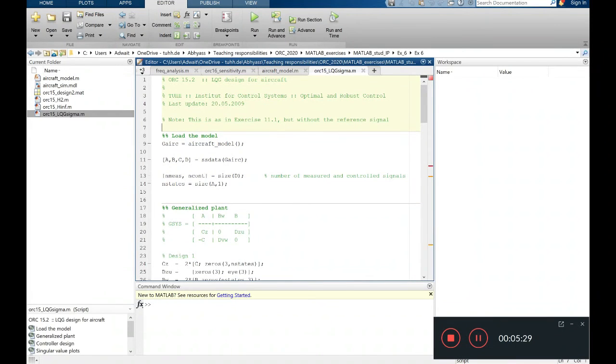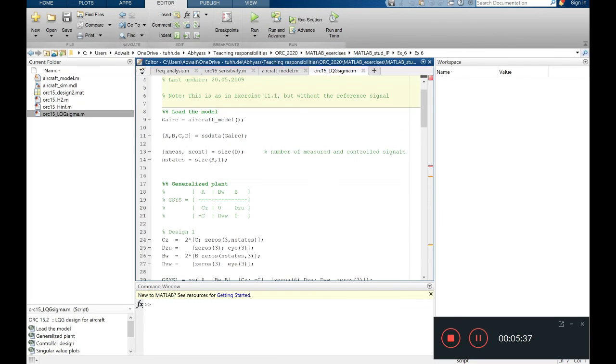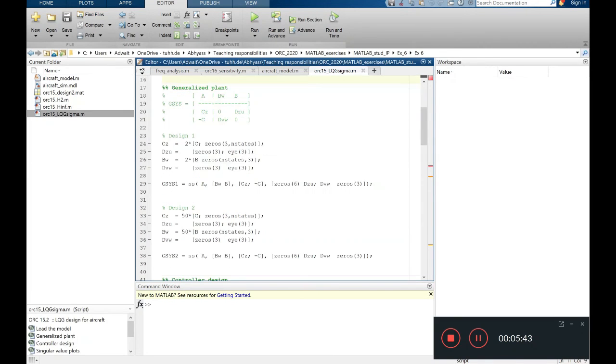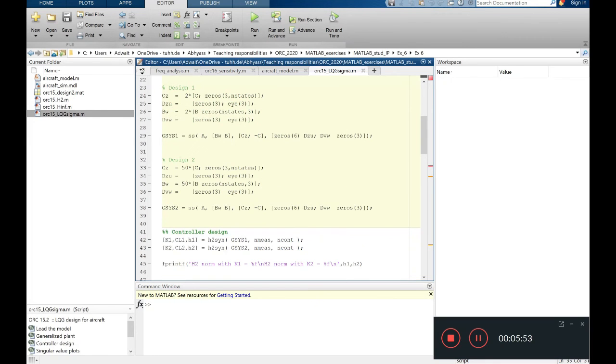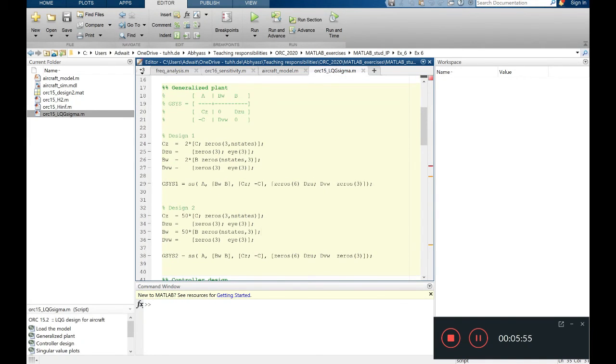So now in this code, WRC15 LQG sigma, you see the model defined again with the same function. Then we get the state space matrices. We then have the two designs, design 1 and design 2, and we build the generalized plant here, as can be seen in this description in the comments.